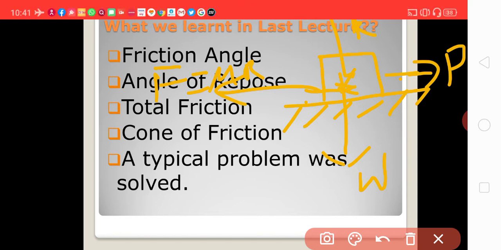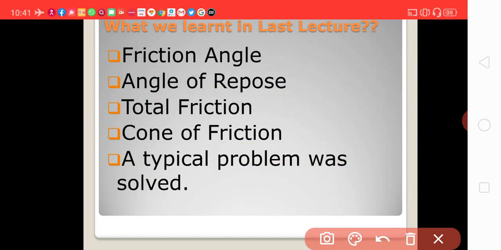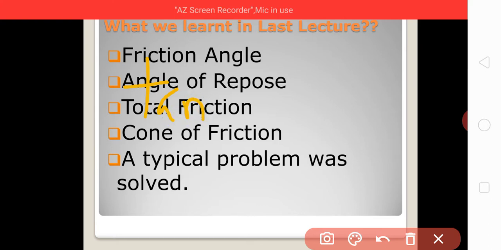Then the resultant of F and R will be this. This is called resultant friction or total friction, S, which is given by S equal to under root of R square plus F square. Then friction angle will be tan theta equal to F upon R.